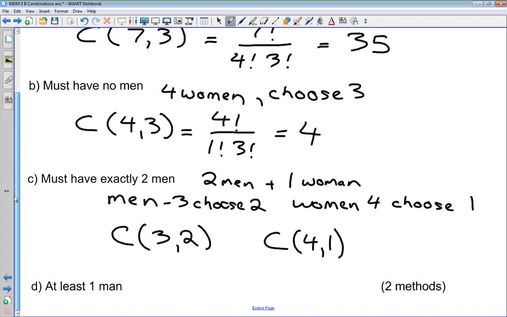Now, for the total number of possibilities, we multiply. Fundamental counting principle from Unit 1: the number of ways we can get the first thing times the number of ways we can get the second thing.